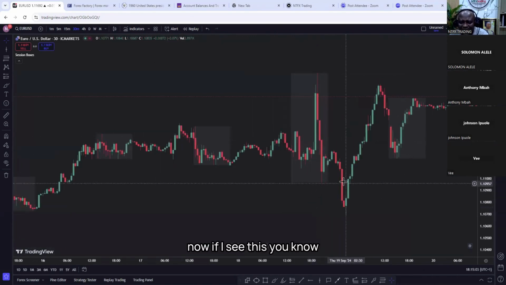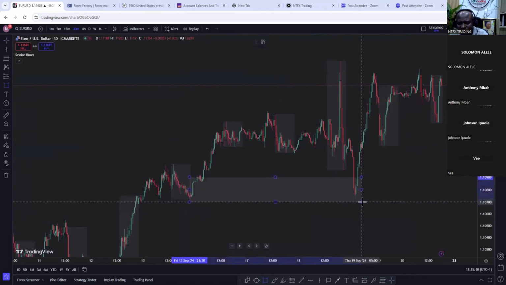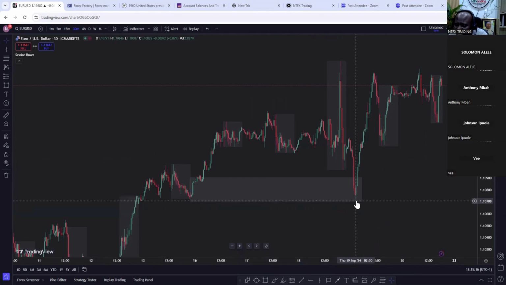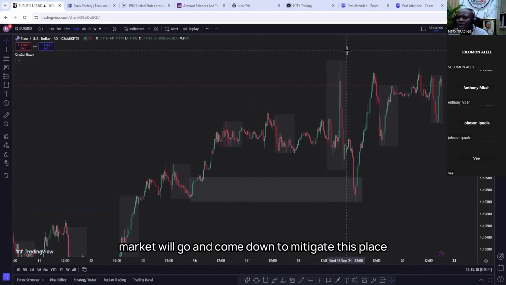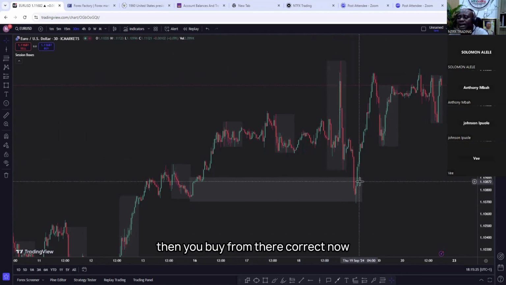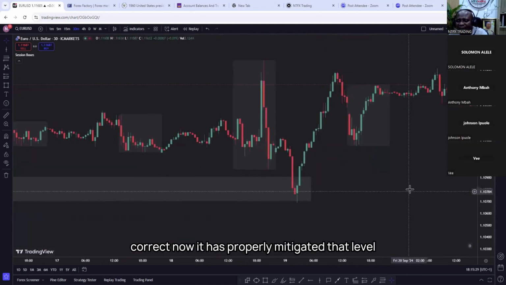Now, if I see this, I gave you this setup. Who is aware? Who is not aware here? I gave you this setup that the market will go and come down to mitigate this place against FOMC, and then you buy from there. Correct. Now it has properly mitigated that level.